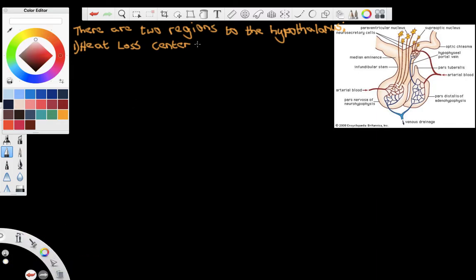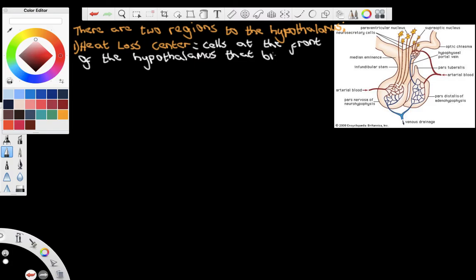So we can say that these are cells at the front of the hypothalamus that bring about mechanisms that cool us down.